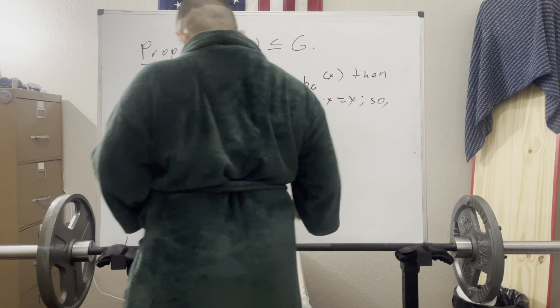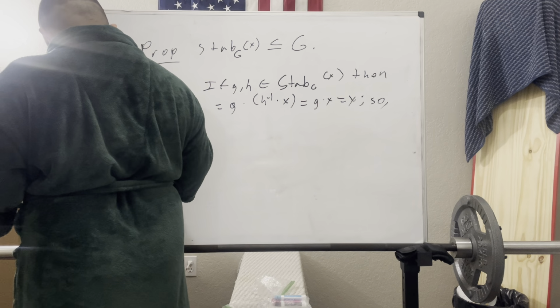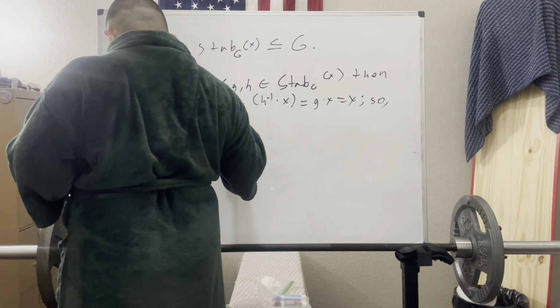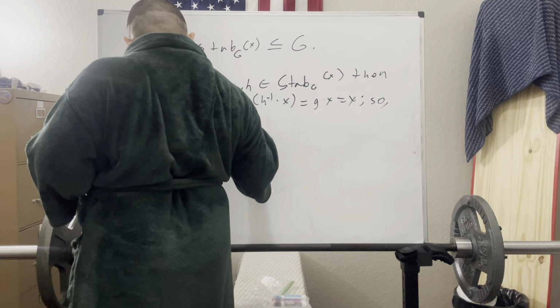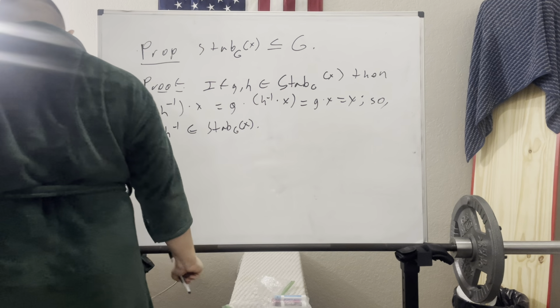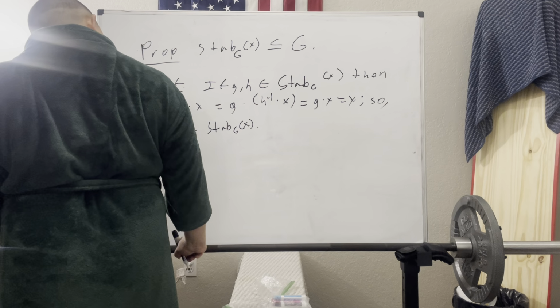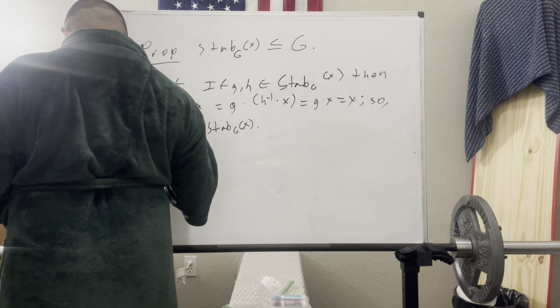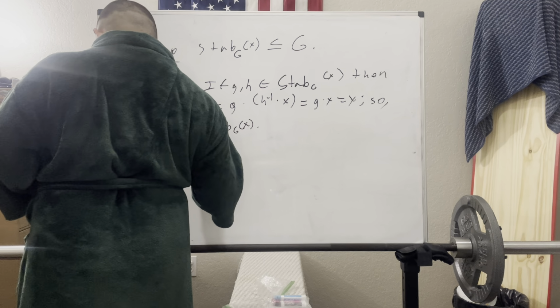So, g times the inverse of h is within the stabilizer of x. Also, e operated with x is equal to x.